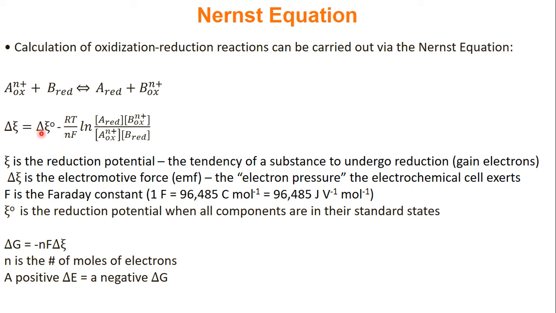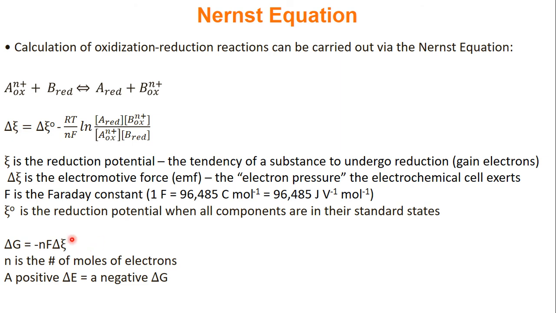This is equal to the EMF under standard conditions, that's what this naught means, minus RT, gas constant times temperature, divided by n, the number of moles of electrons flowing through this reaction, and F is the Faraday constant, multiplied by the natural log of the concentrations of products divided by the concentrations of reactants. Once we solve for EMF, we can solve for delta G.